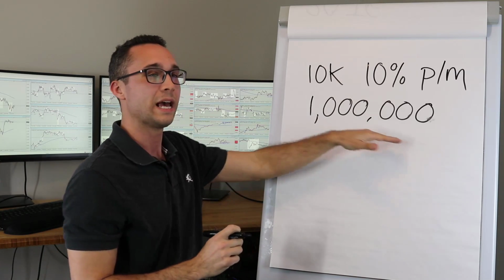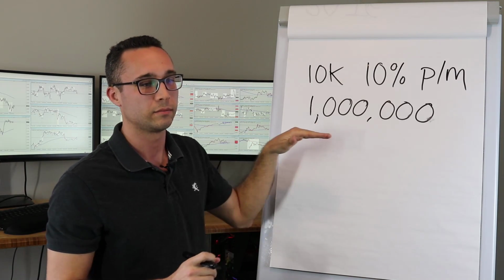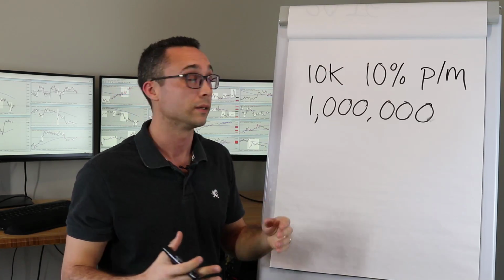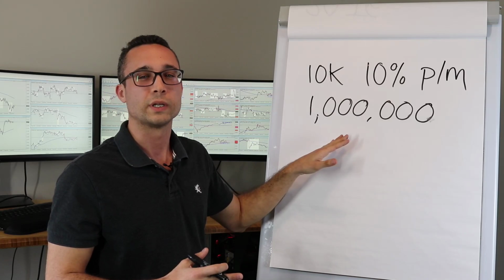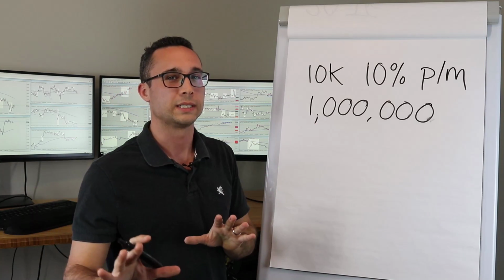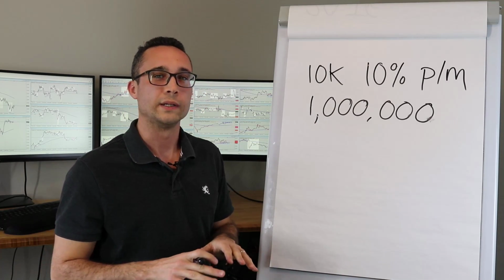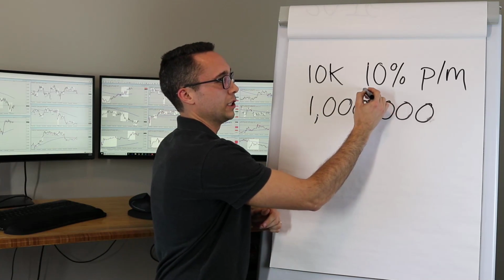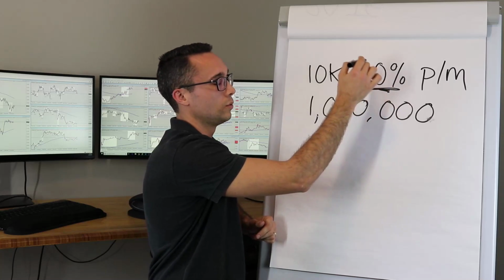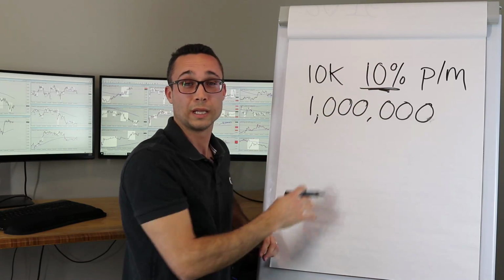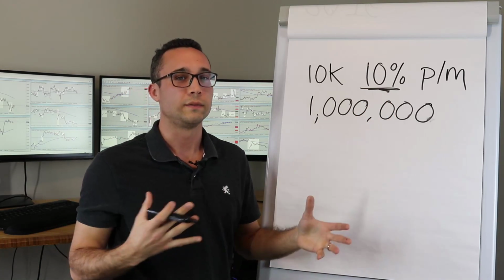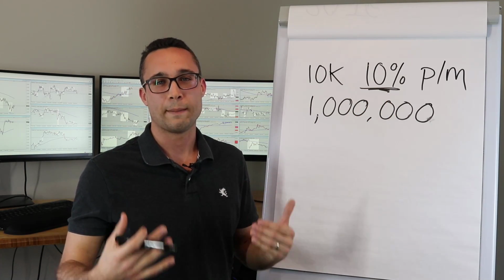I say that because, number one, I hate any type of education that pitches a get-rich-quick idea. In no way, shape, or form should you construe what I'm saying here as that type of mentality. What I'm simply trying to illustrate is that a relatively low risk per trade or low profit per month, what a lot of Forex traders would consider terrible, can grow a relatively small account in a very rapid period of time.